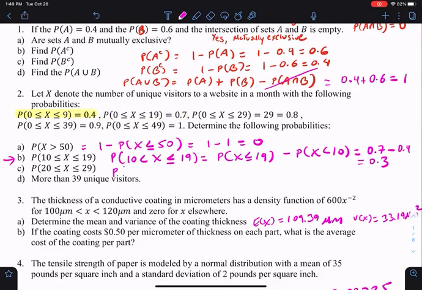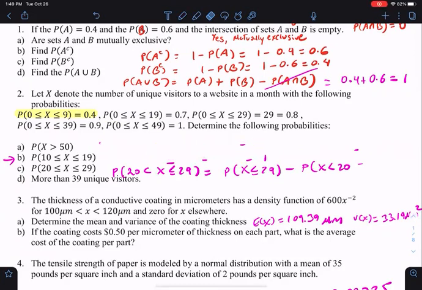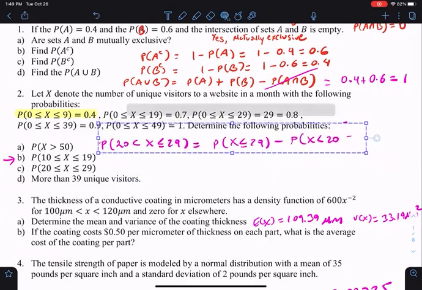The next one, I use the same trick. So P(X less than 29) minus P(X less than 20). And you get your answer for that one, right? So let me move this on the top. And after that, we have more room to do this.